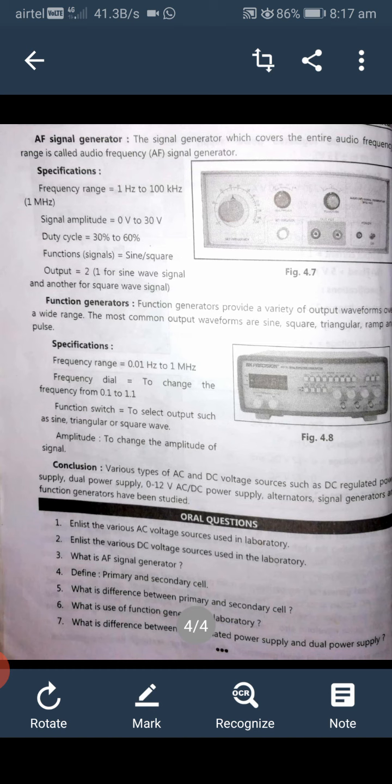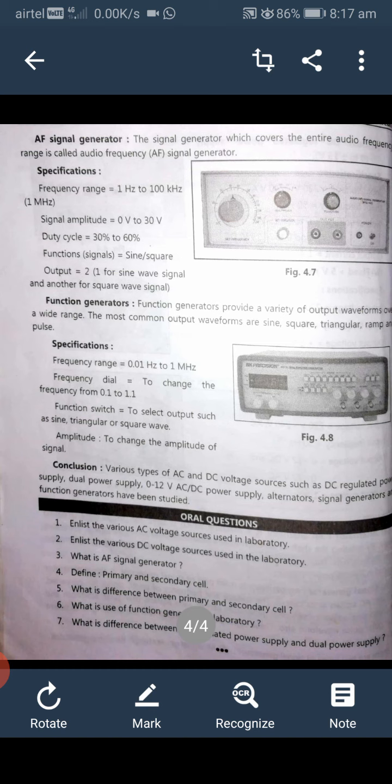Signal amplitude is 0 volt to 30 volt. Duty cycle is 30% to 60%. Function signals are sine and square wave. Output is 2, one for sine wave signal and another for square wave signal.